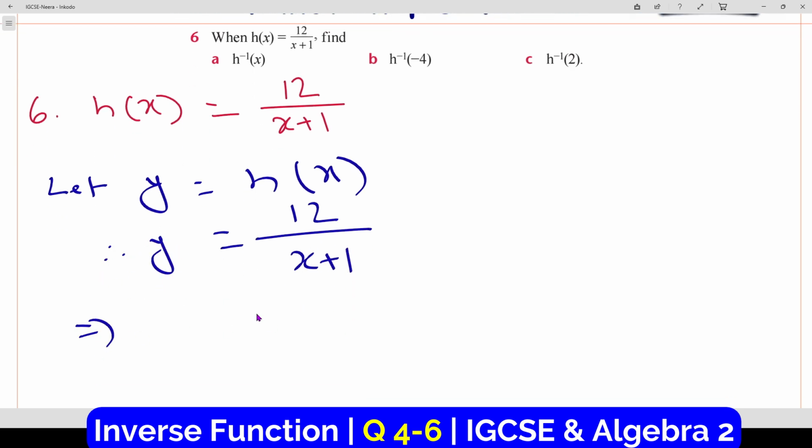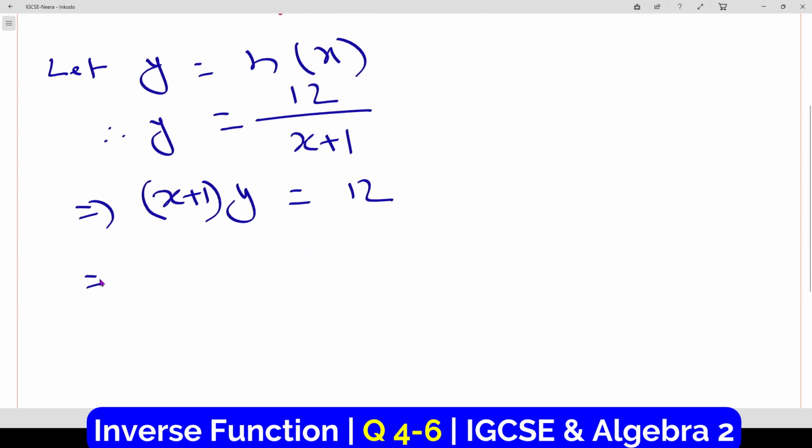So we can cross multiply, then we will get (x plus 1) times y equals 12. Then we can multiply out: xy plus y equals 12.